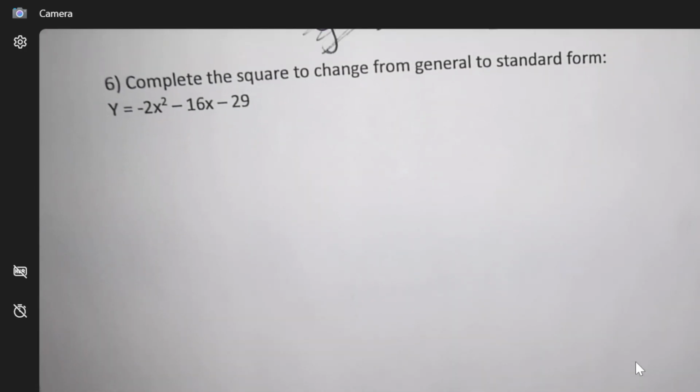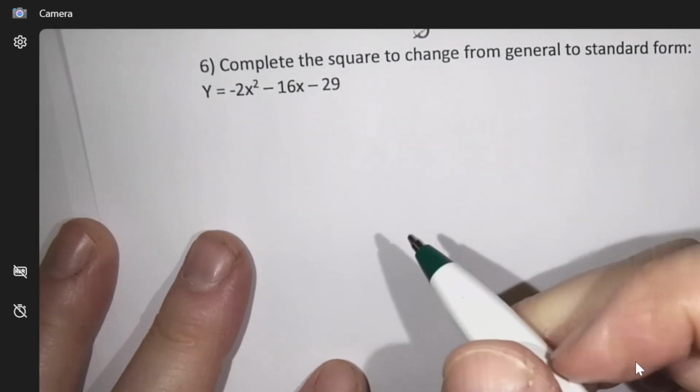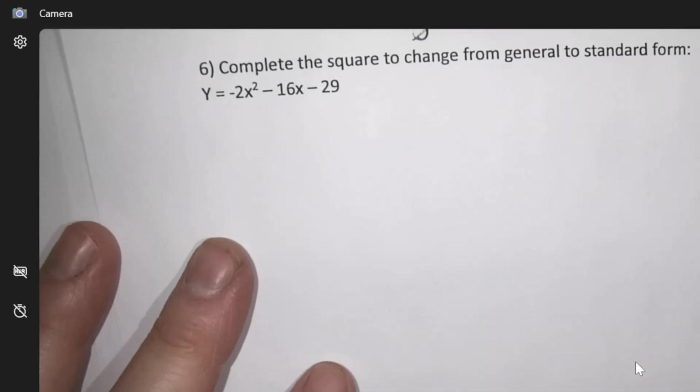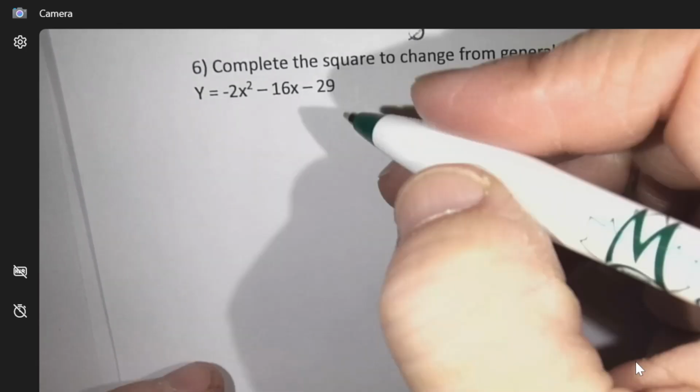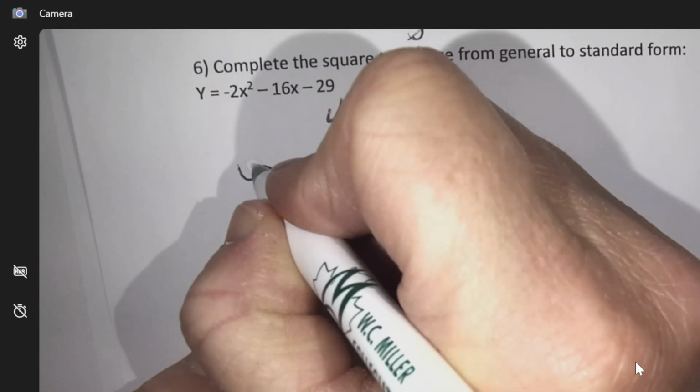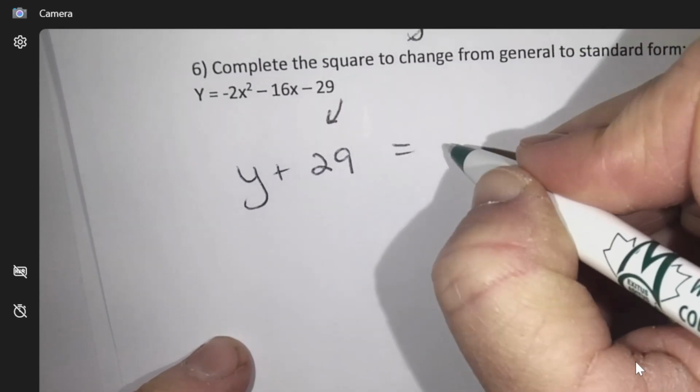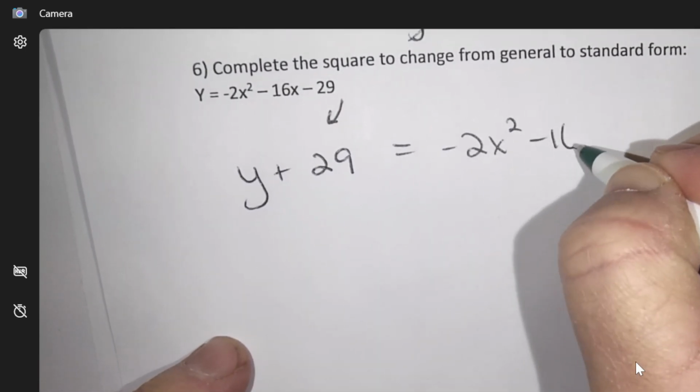Okay, this one has us doing a complete the square. Completing the square is you ending a trinomial. That's kind of the goal. So let's get that out of there so we can work on finishing a trinomial.